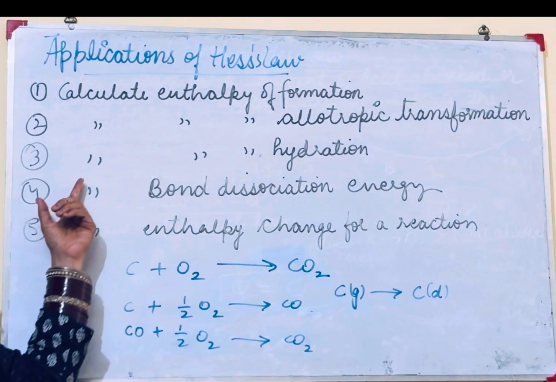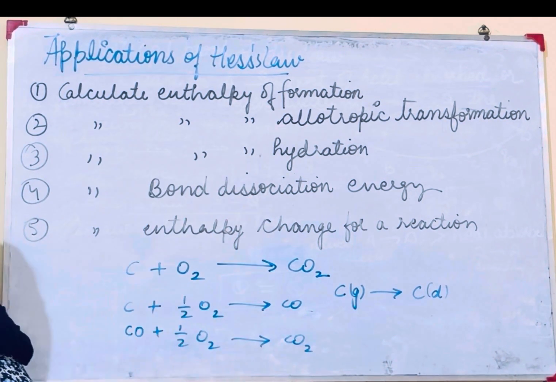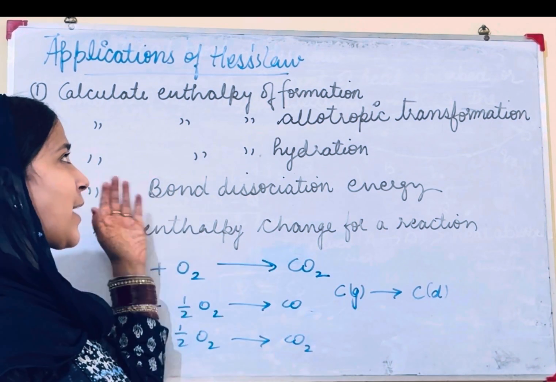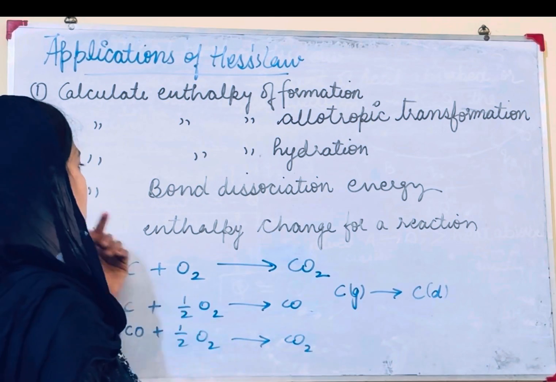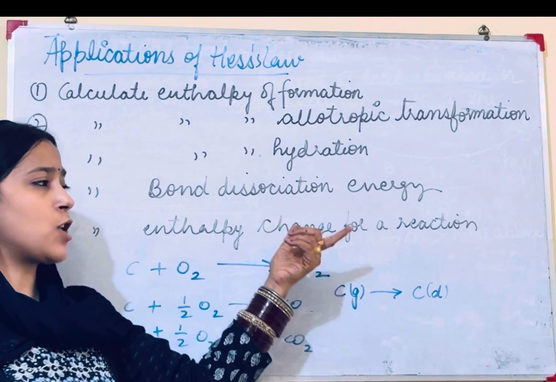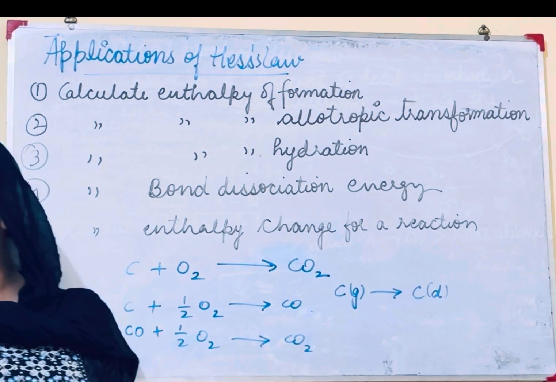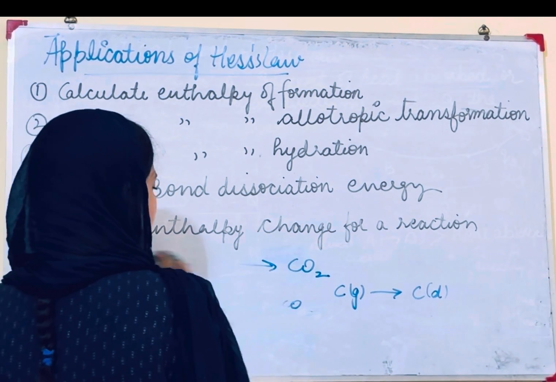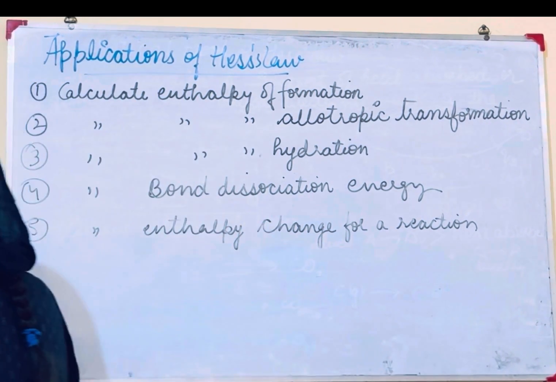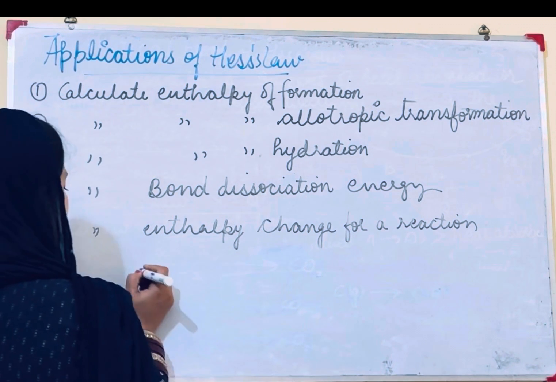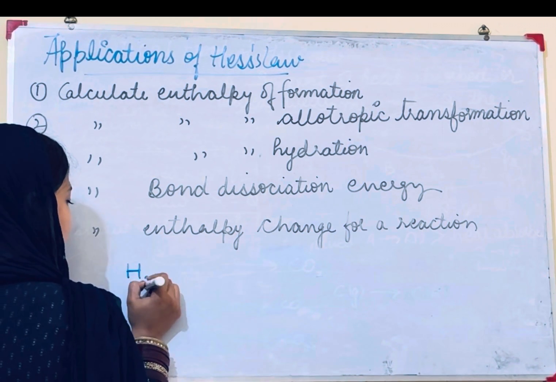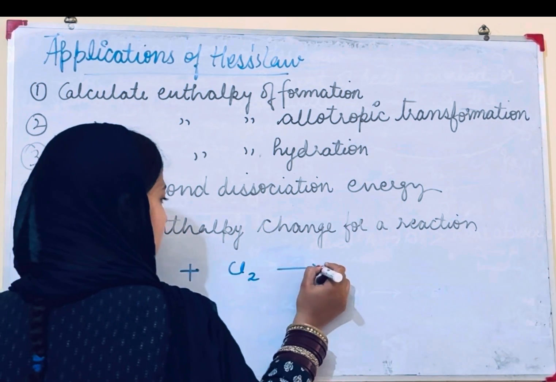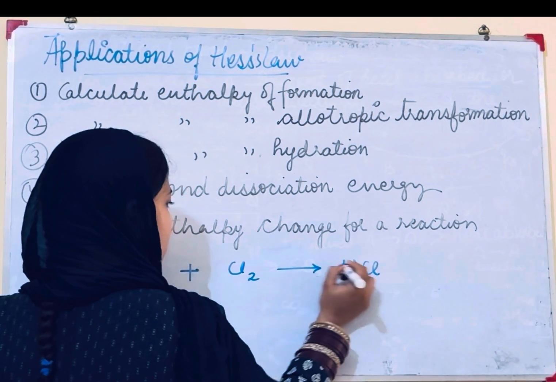Next, calculate enthalpy of hydration. When we add water to certain substances, the enthalpy change we can calculate by Hess law. Calculate bond dissociation energy. Bond dissociation energy is what? When we break any bond in the molecule. For example, H2 plus Cl2 will form HCl.